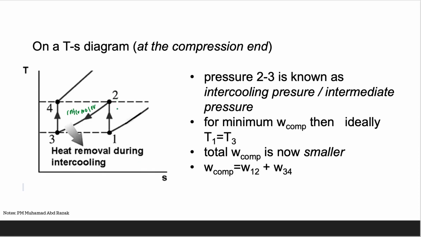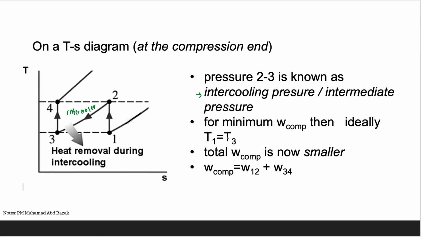1 to 2 is the low pressure compressor, and this is isentropic compression. 2 to 3 is the intercooler, and the function of the intercooler is to reject heat to the atmosphere, and it happens at constant pressure. This constant pressure we call the intercooling pressure or intermediate pressure. 3 to 4 is the high pressure compressor, isentropic compression.